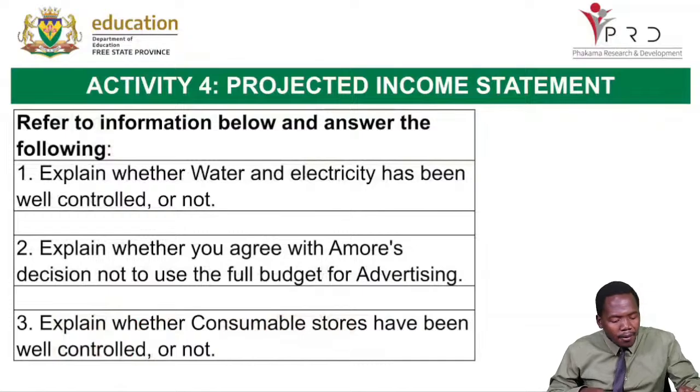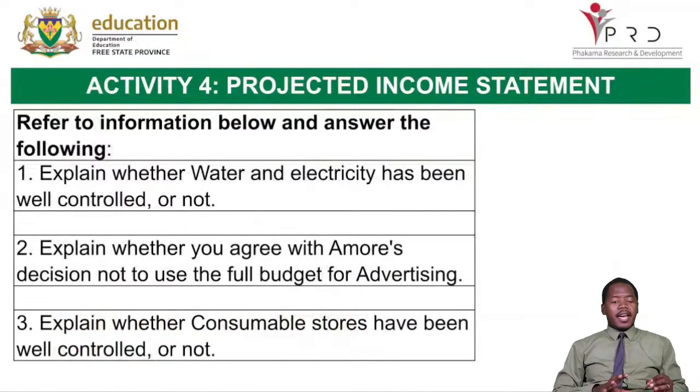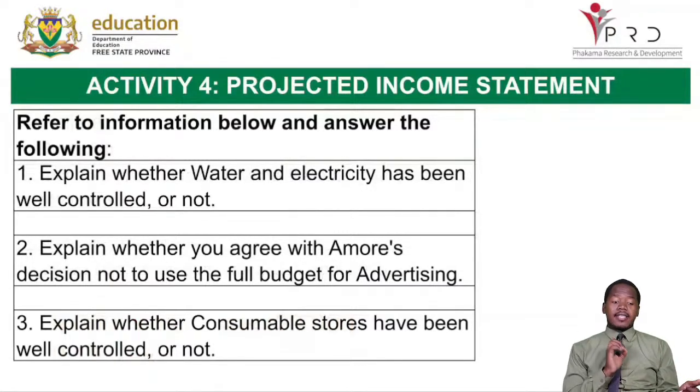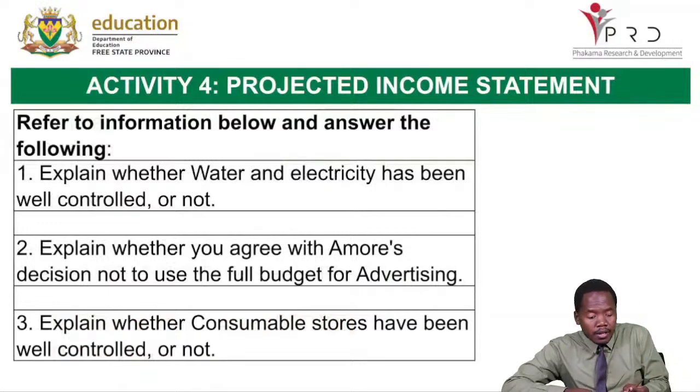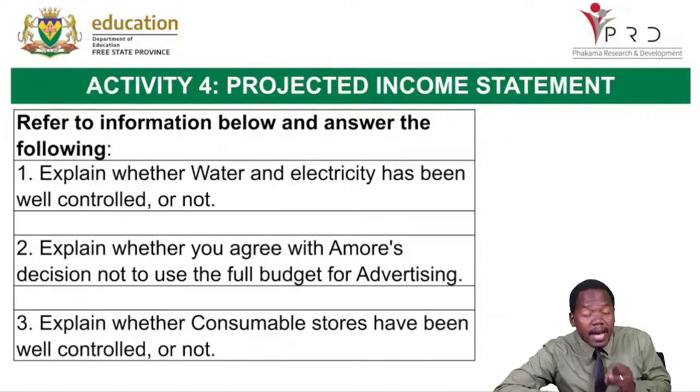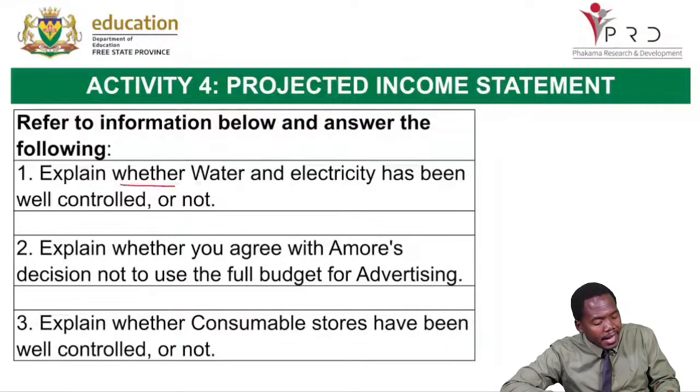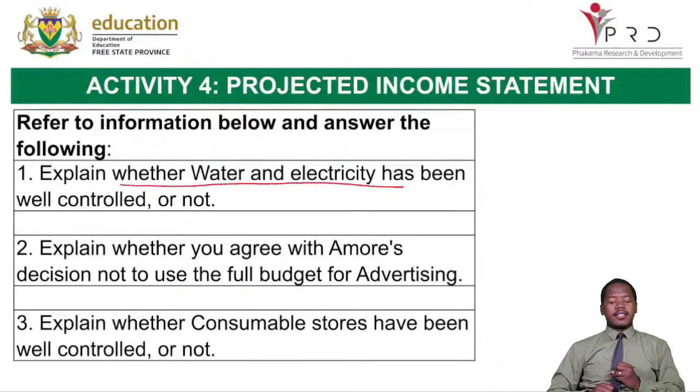Right, and then now we are looking at this. This will be an activity where you are going to be looking at your analysis. I am going to give you this activity as part of your homework. Here, we need to explain whether water and electricity has been well controlled or not.